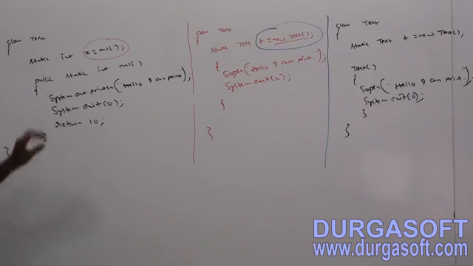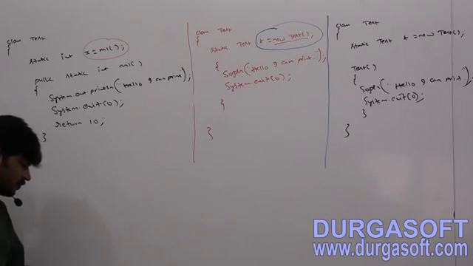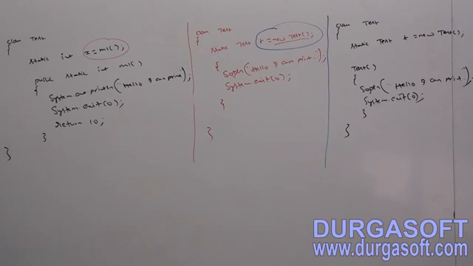Class test. Static int x is equal to m1. Next, public static int m1.